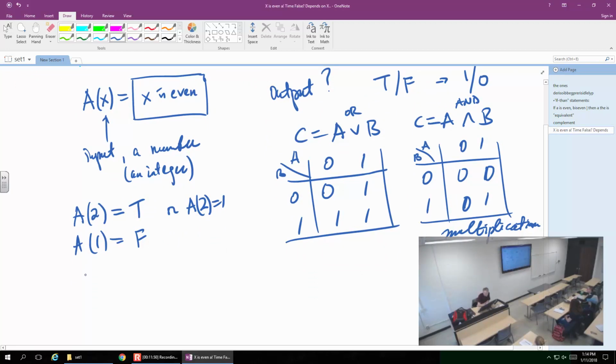How about this one? A of X plus Y. No, we don't know. It still depends on X and Y.